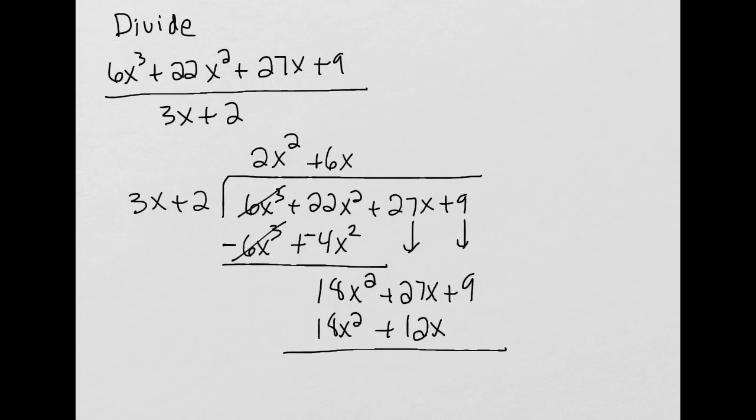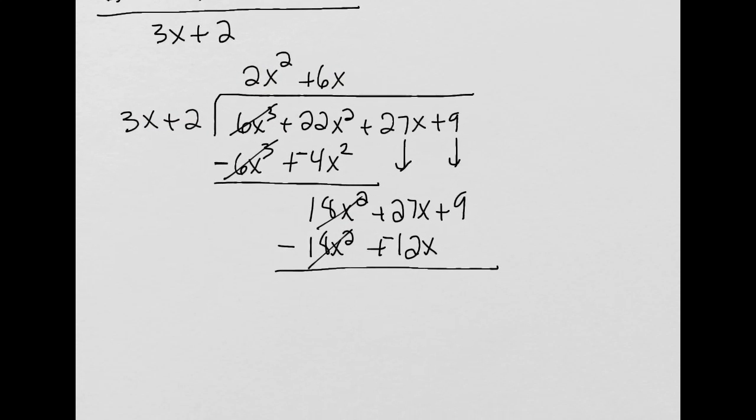Draw my line, change my signs, and add going straight down. 18x squared and negative 18x squared become 0. 27x and negative 12x is 15x. And then bring down what's left.